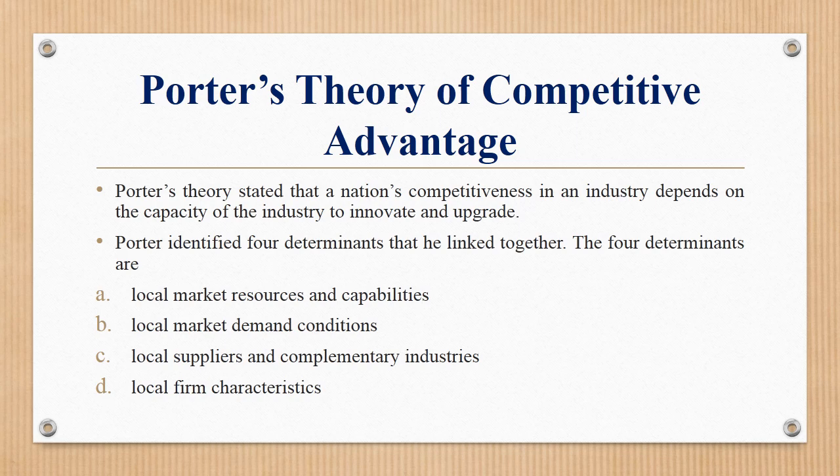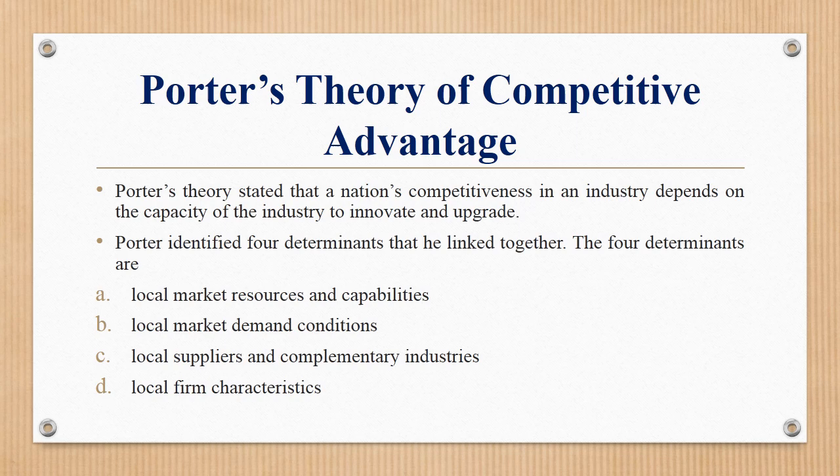Now the next theory is Porter's National Competitive Advantage Theory. This theory emerged in the 1990s with the aim of explaining the concept of national competitive advantage. The theory proposes that a nation's competitiveness majorly depends upon the capability and capacity of the industry to come up with innovations and upgrades.